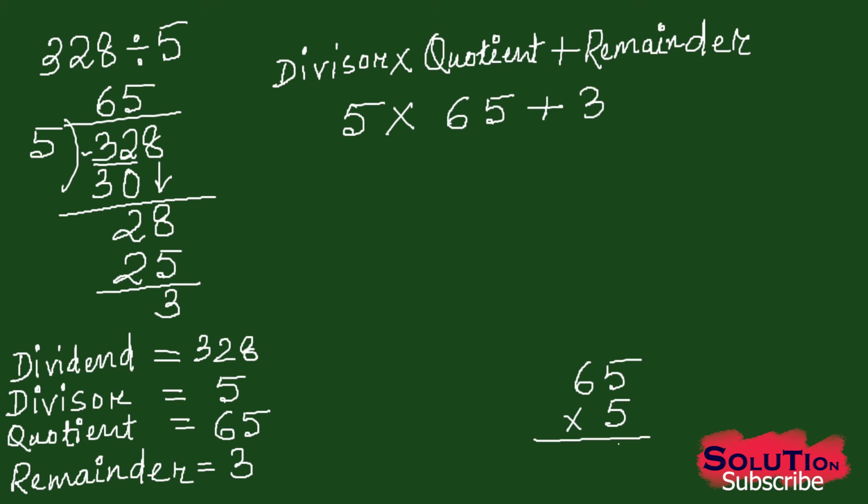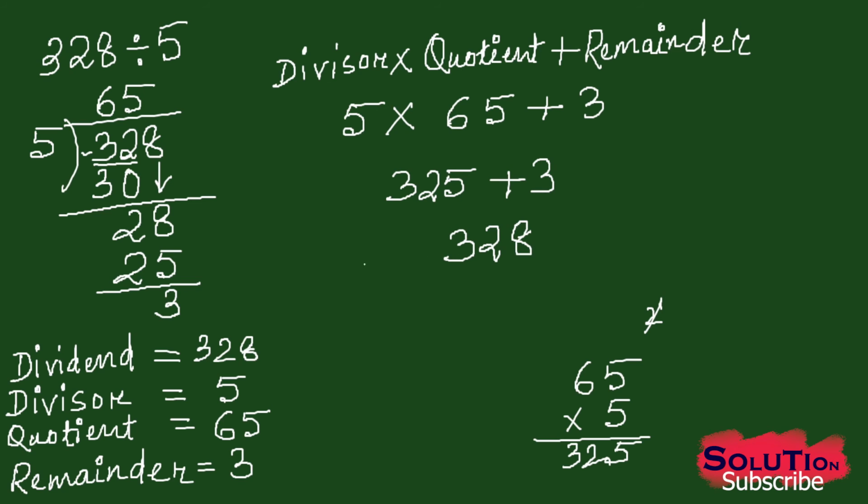So let us multiply 5 and 65. 5 into 5 is 25, carry 2, 5 into 6 is 30 and 2 is 32. So 5 into 65 is 325. And let me add 3 to this, then it will give me 328.